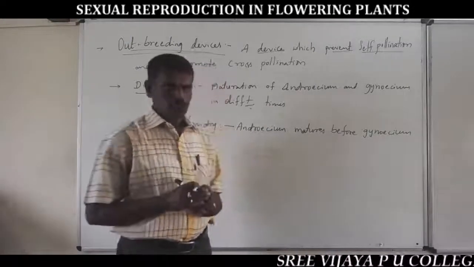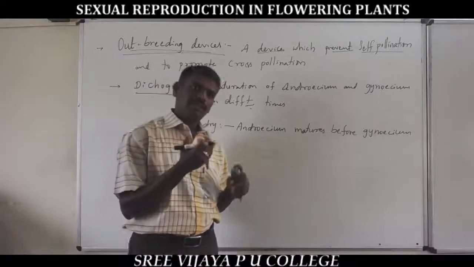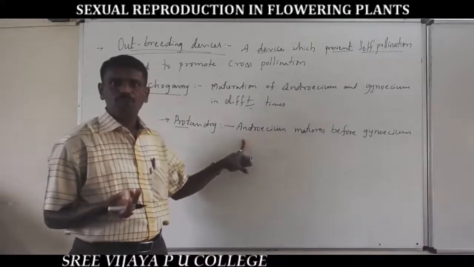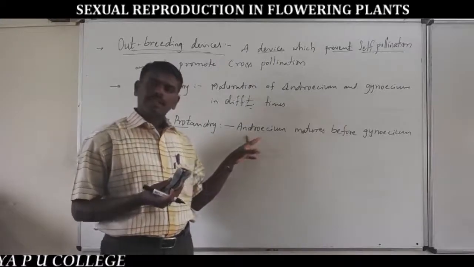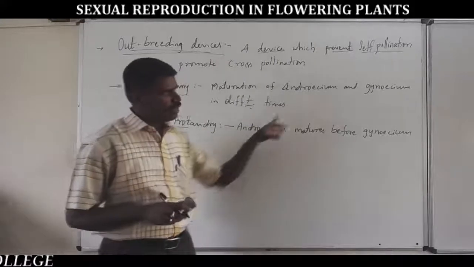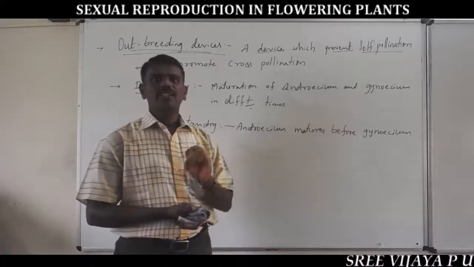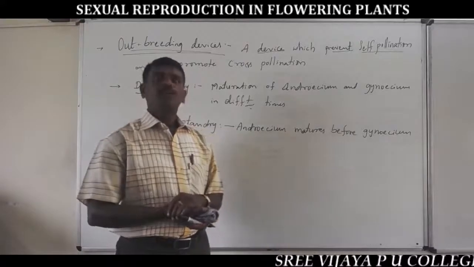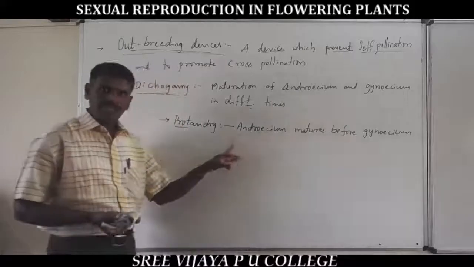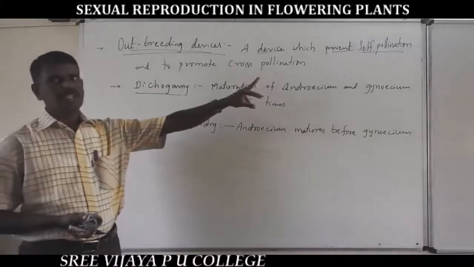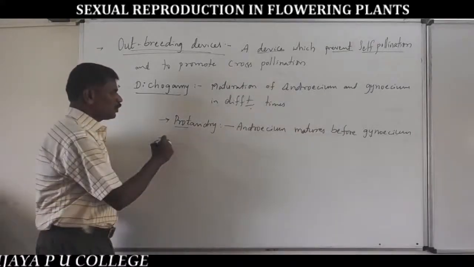The gynoecium is not mature but the androecium is, so the pollen grains released fall on an immature gynoecium, do not germinate and do not produce a pollen tube, as the flower requires cross-pollination.